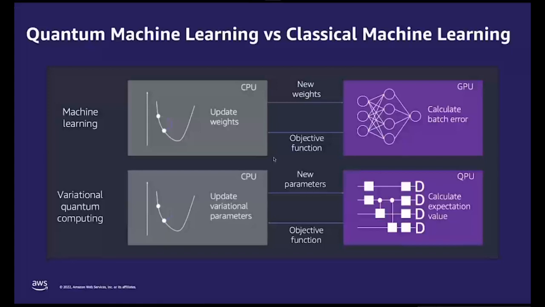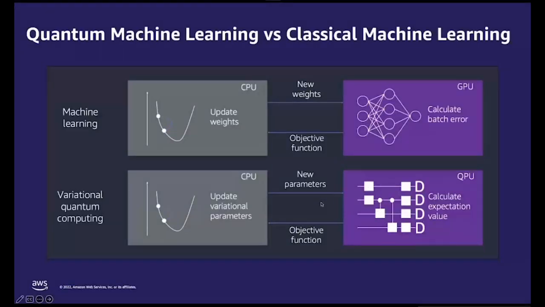One of the reasons we want to use hybrid algorithms in this case is that this particular type of algorithm, quantum machine learning algorithms, is designed for NISQ purposes. NISQ stands for near-term, or noisy intermediate-scale quantum computers. Given that some quantum machines are a little bit noisy and we cannot run the circuit for too long, we rely on the CPU to help us in the process, which alleviates the burden on the QPU.